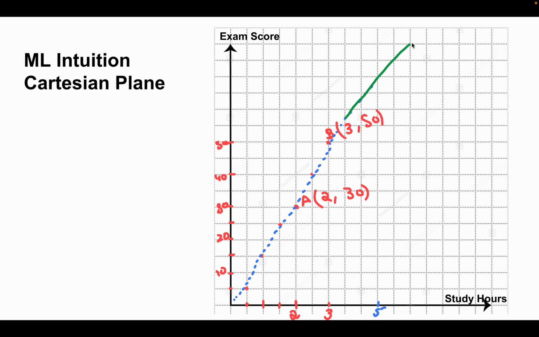If I extend the line here, the machine learning algorithm will try to find 5 hours on the x-axis, and on the y-axis extend this line and see the underlying pattern, and maybe be able to predict that the person will be scoring 70. So if someone is studying 5 hours, he will be scoring 70.